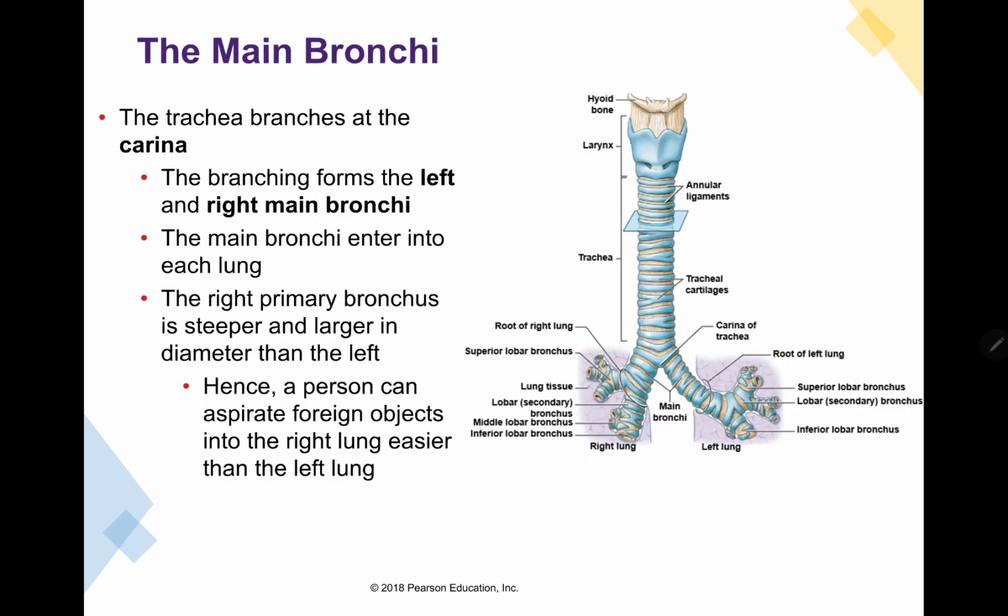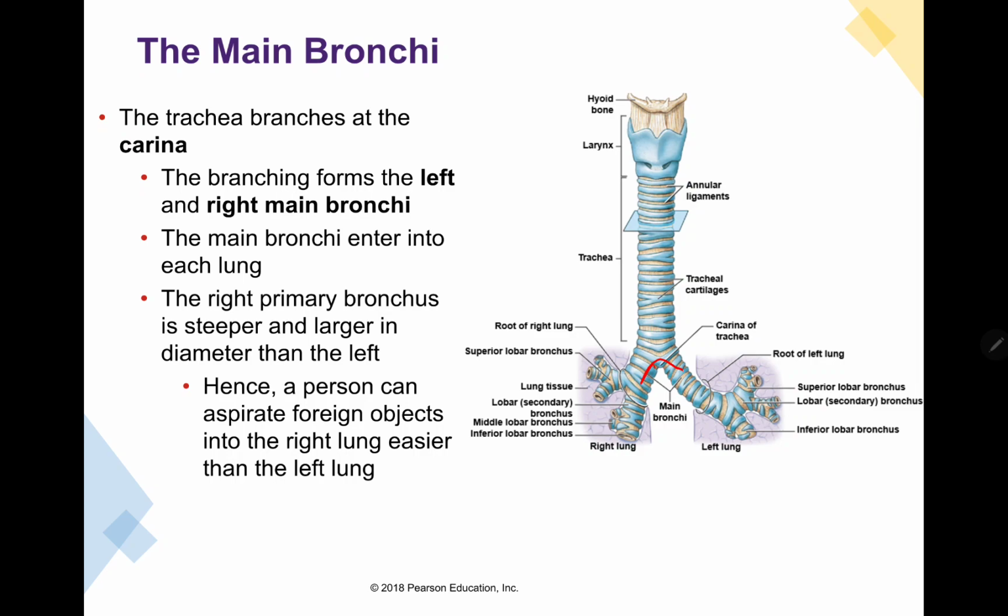So at the carina, the trachea is going to branch, creating, again, the left and the right main bronchi. The main bronchi will then enter each lung. The right primary bronchus is going to be a little bit steeper and larger in diameter than the left.